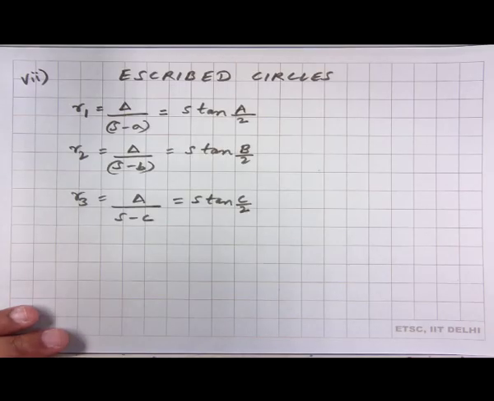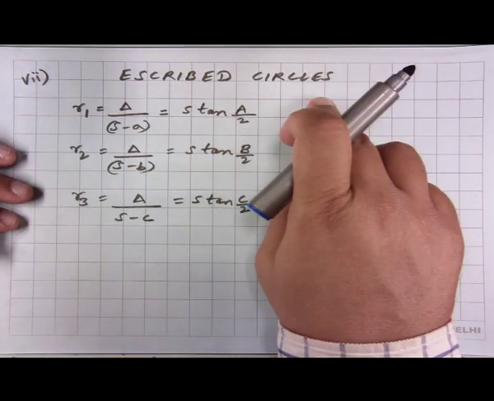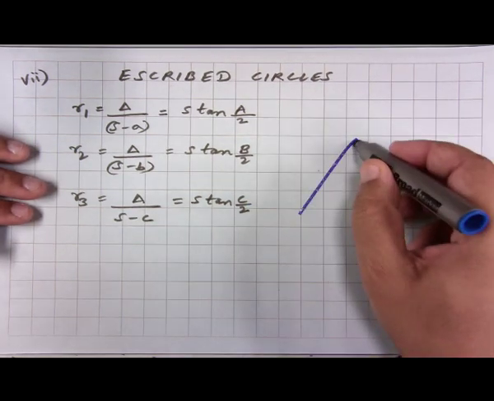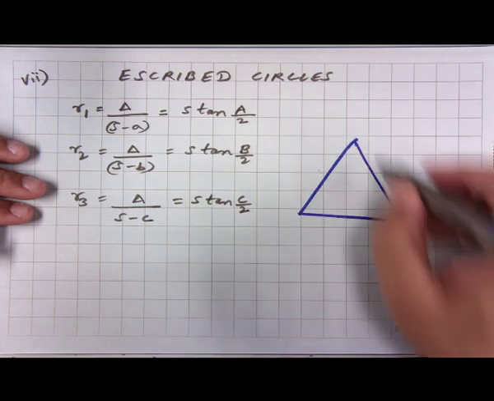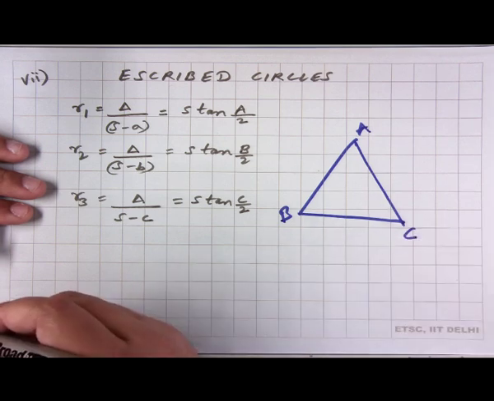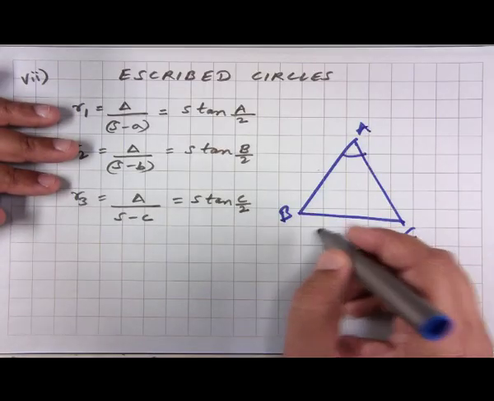And then we also defined and discussed the escribed circles of a triangle. If we have a triangle ABC, then we do not have a unique escribed circle. In fact, there are exactly 3 distinct escribed circles. The escribed circle opposite to angle A is constructed like this.